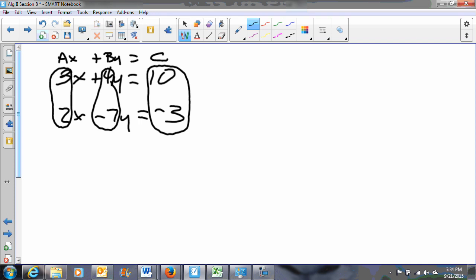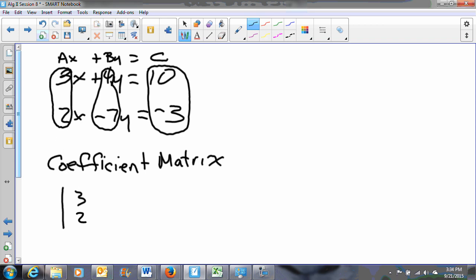First of all, you need to know the coefficient matrix. Now, the coefficient matrix is simply all the coefficients of all the variables, in other words, the coefficients of all the terms on the left-hand side of this system. In this case, it would be the matrix 3, 2, 4, negative 7.